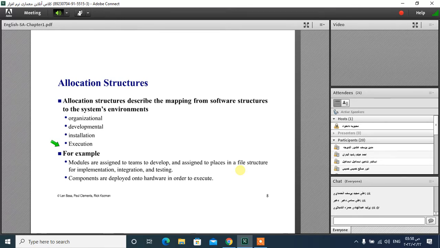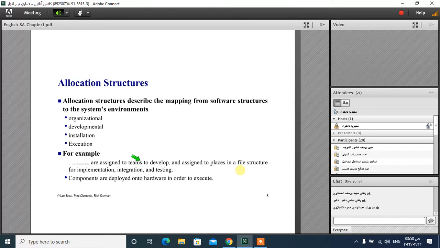For example, we can map between modules and teams. We can assign modules to our programming teams to develop those modules.